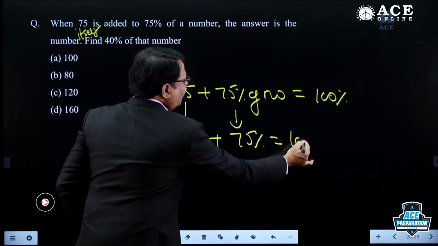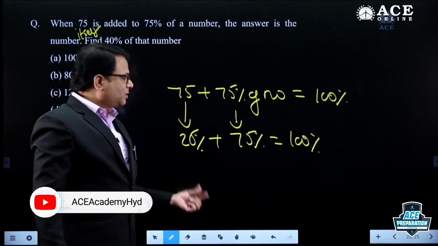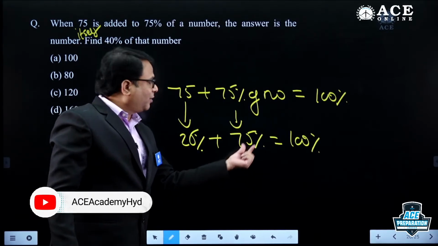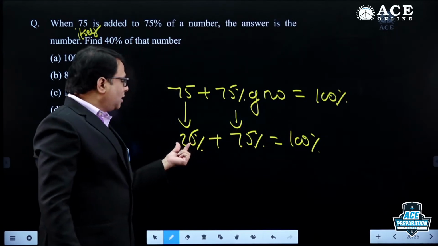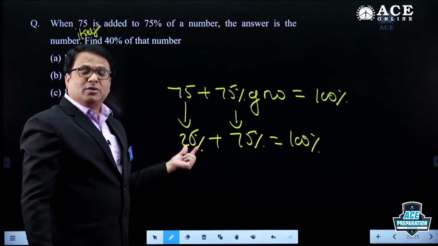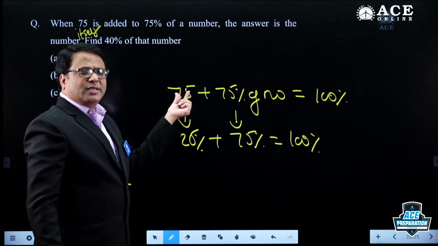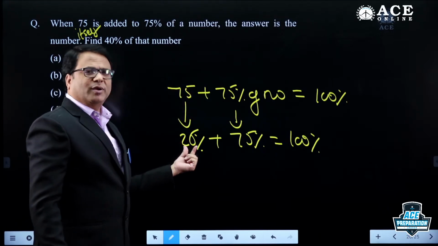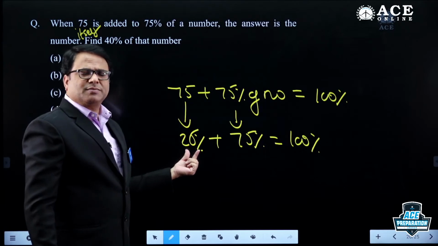And to get the result as 100%, automatically this has to be 25%. So I can clearly say the value 75 is nothing but equal to 25%.